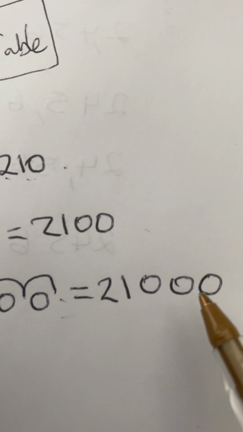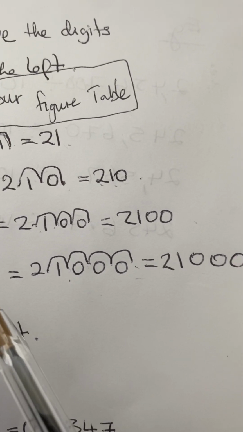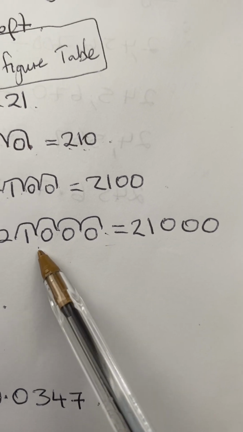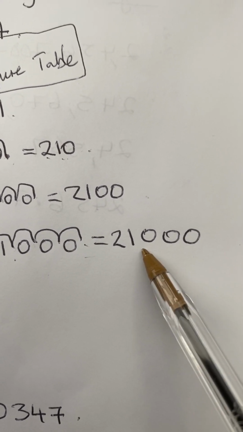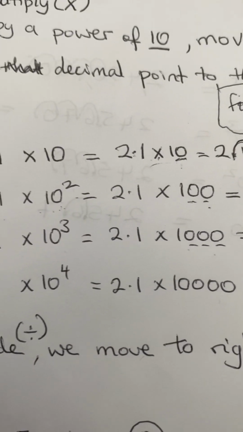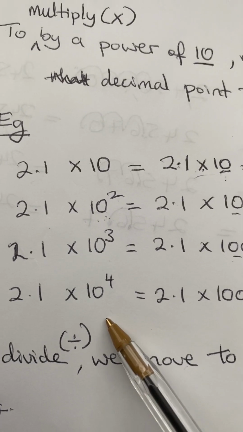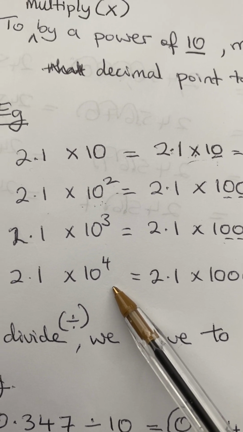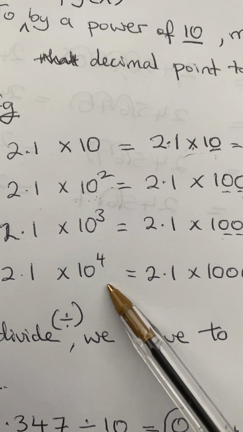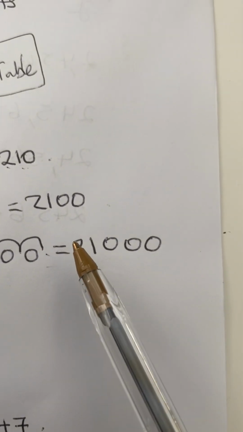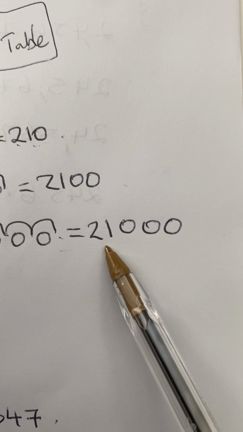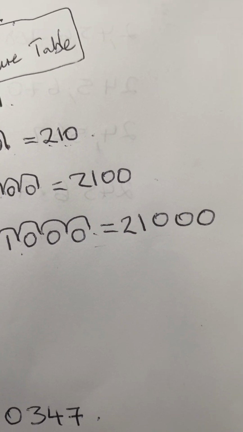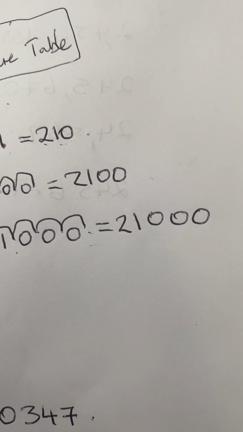So now if you can see my new figure, if I put 0 in the empty places, I have 21,000. So what it means is 2.1 times 10 to the power 4 equals 21,000.